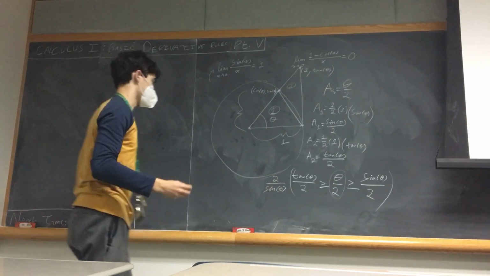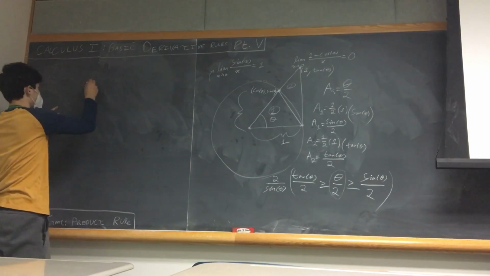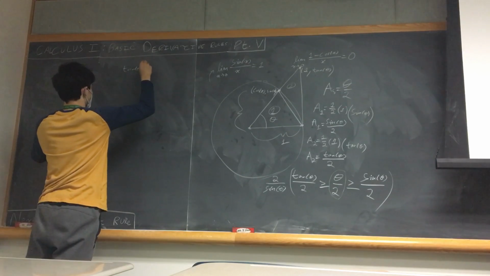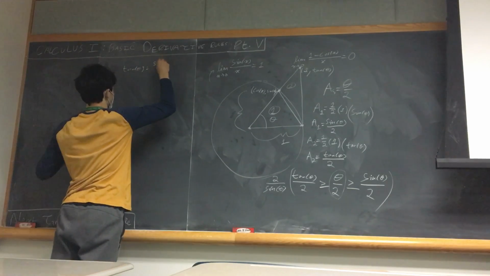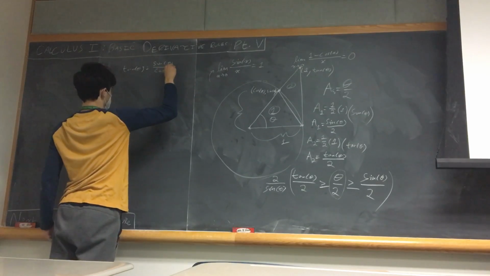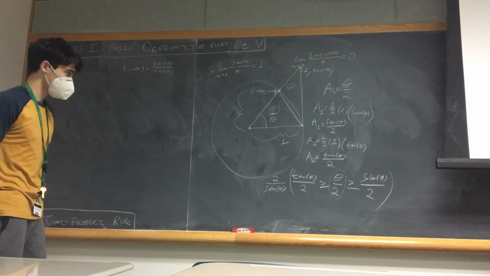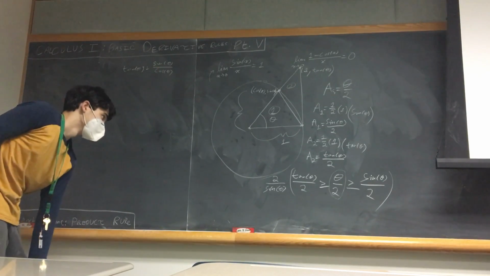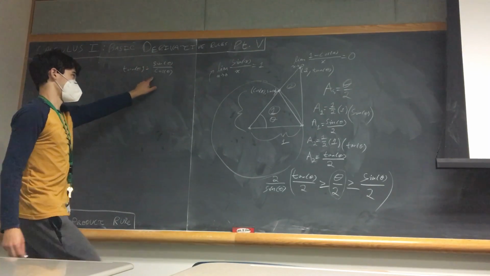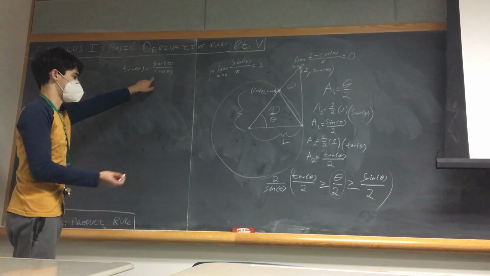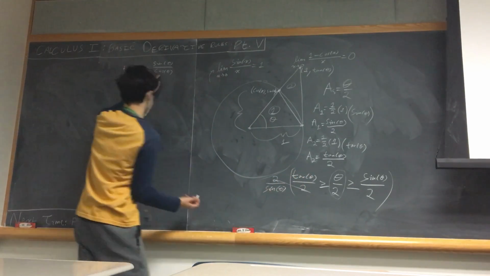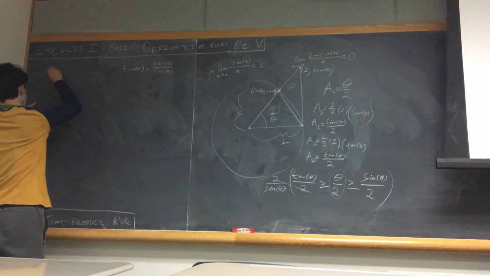And what we end up with is tan theta over sine theta. And remember, tan theta is equal to sine of theta over cosine of theta. So tan theta, which is sine theta over cosine theta, divided by sine of theta, with these twos canceling out, just cancels to give us 1 over cosine of theta.